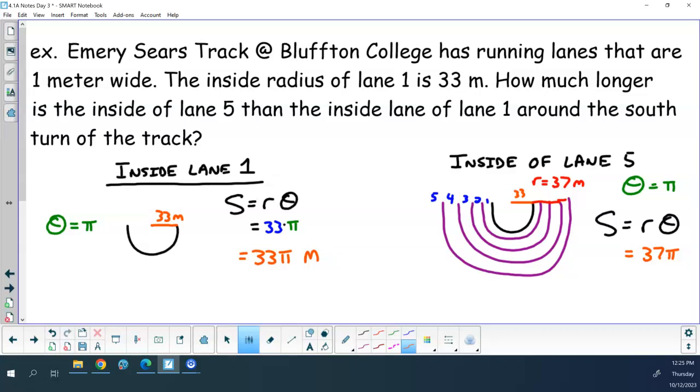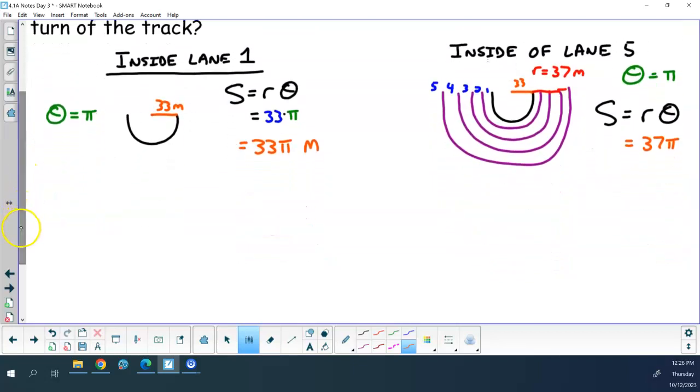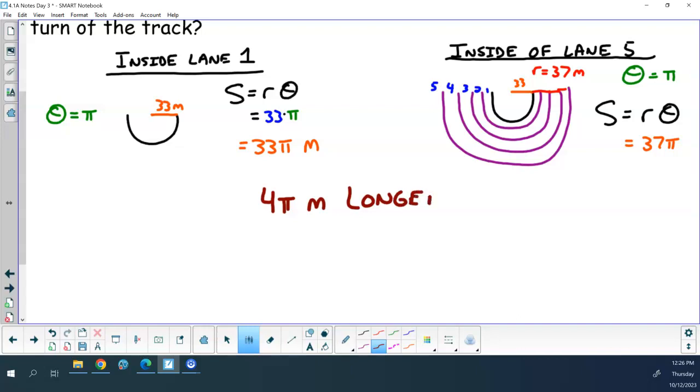So how much longer is the inside of lane 5 versus the inside of lane 1? 4 pi? So it's 4 pi meters longer, which is approximately 12.566.